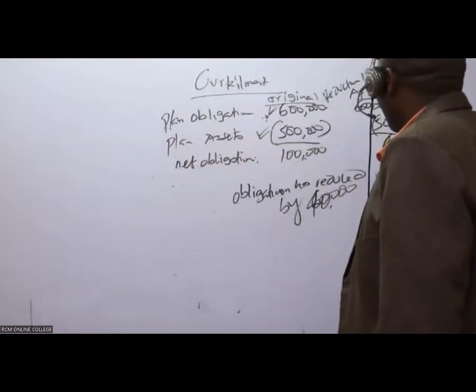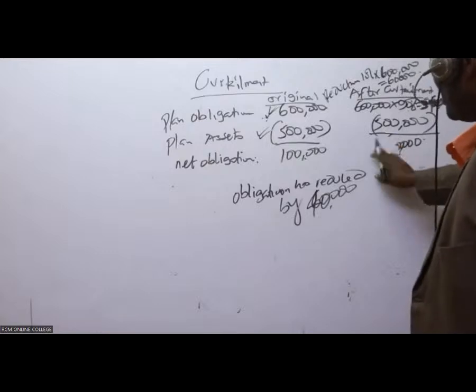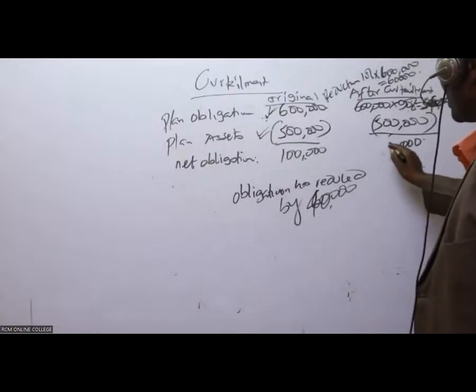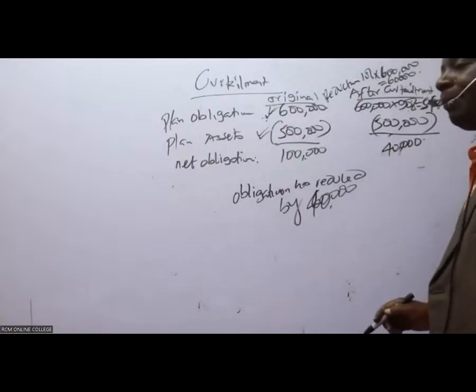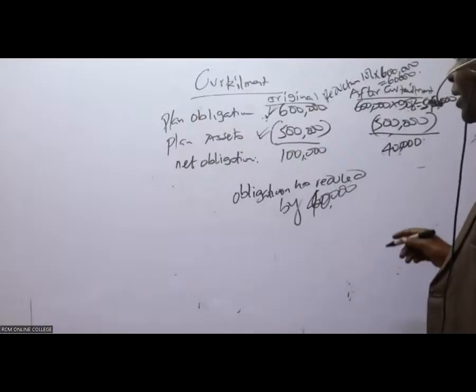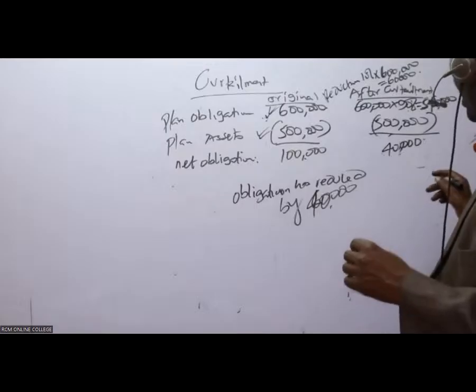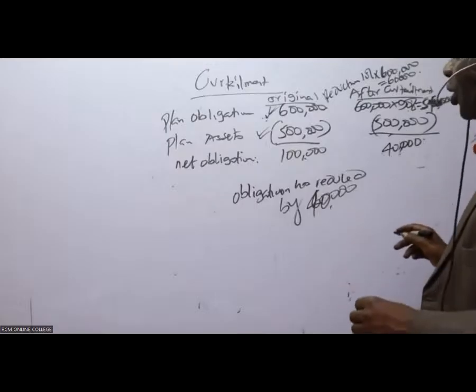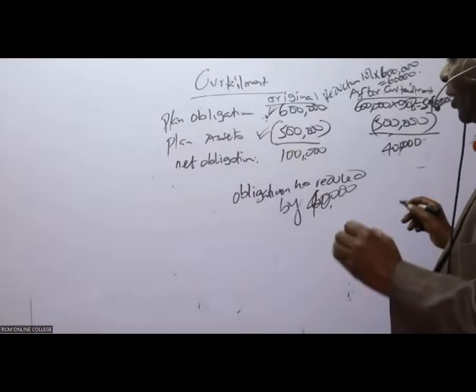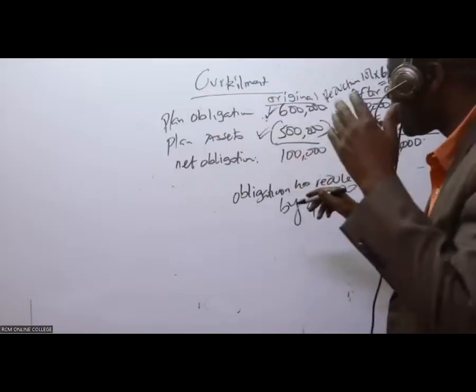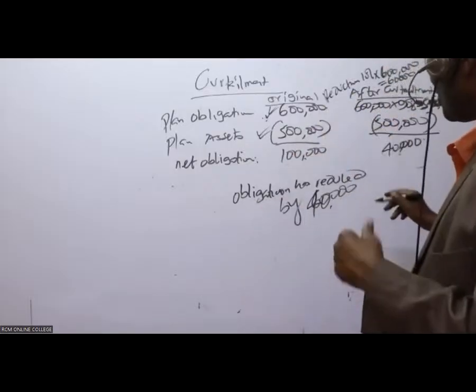Therefore, ladies and gentlemen, which is part of learning anyway, in this case here, we can see 40,000 like that. So then if that is the case, the obligation has reduced. The obligation has reduced by how much? You can see the net, initially it was 100,000. After curtailment, now it's 40,000.